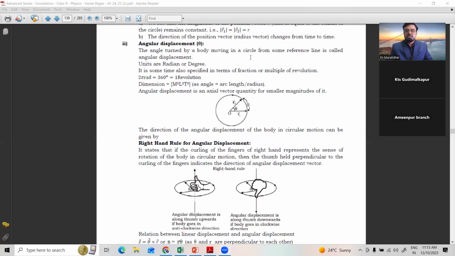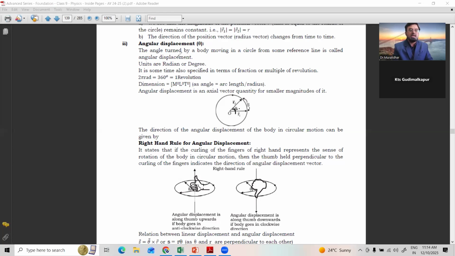Next, generally displacement we call angular displacement. The angle turned, see what happened here? OA to OB, it makes some angle in some time. So this displacement of the body from OA to OB is called angular displacement, because displacement is change in position, but this change in position makes some angle.